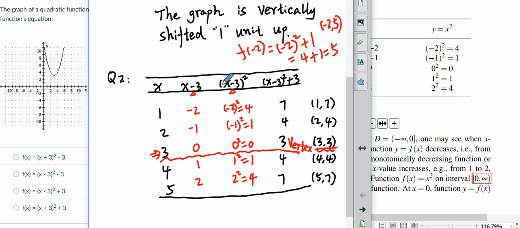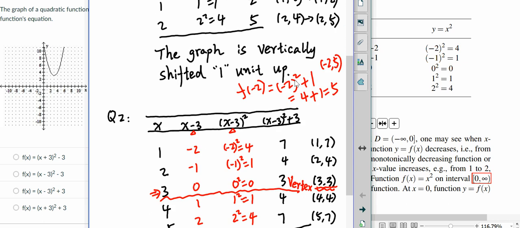From here, you want to make some observations. When you shift the graph 3 units to the right, 3 units up, here is x minus 3 squared, and then plus 3. And you can see outside of this parenthesis, outside of this square, this 3 plays the role of vertical shifting, as we did for question 1.